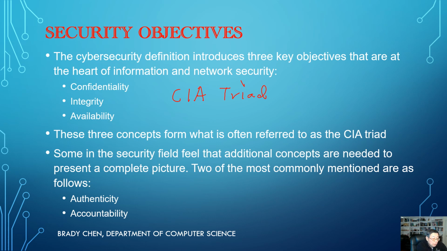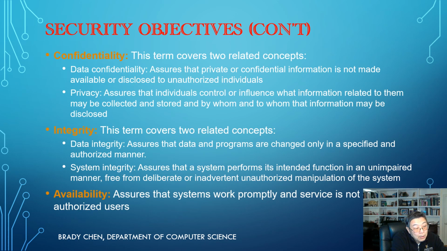Some in the security field feel additional concepts are also needed to present a complete picture, so they added two more requirements. One is called authenticity, and the other is called accountability. We'll talk about all of these in the next couple of slides. Let's first talk about the CIA triad.